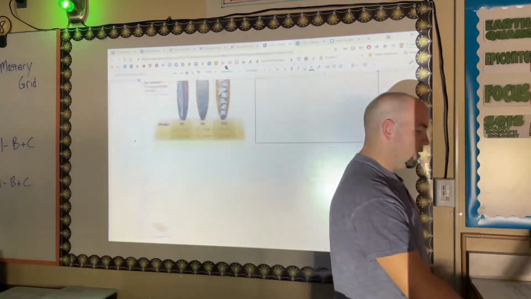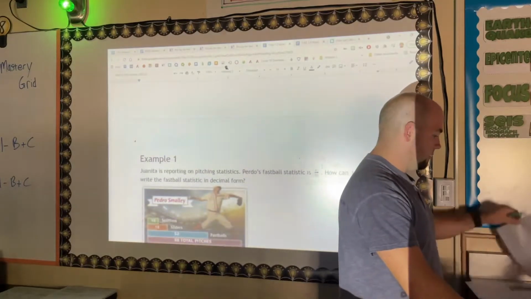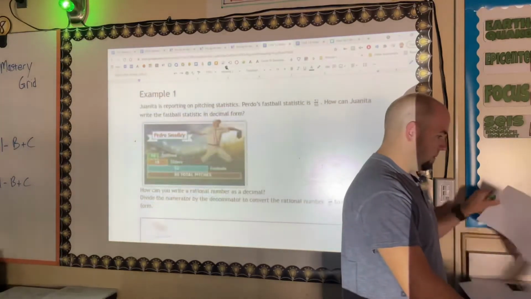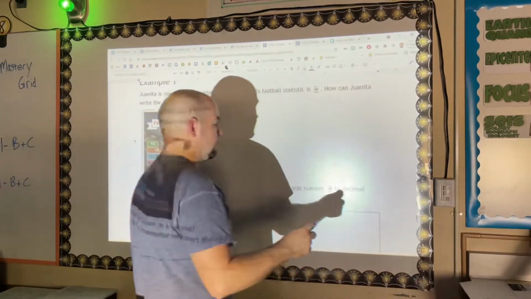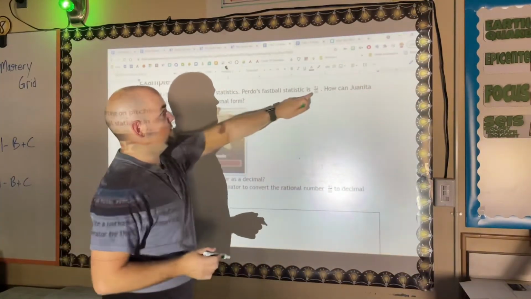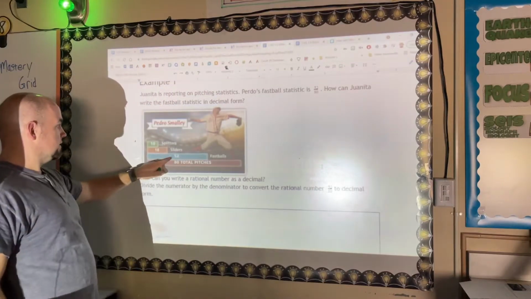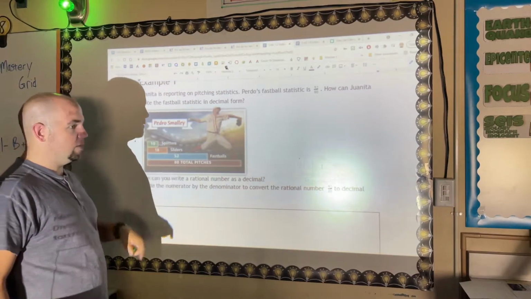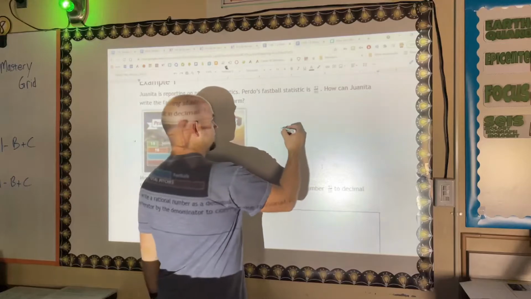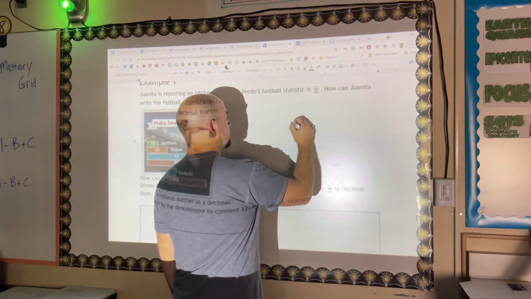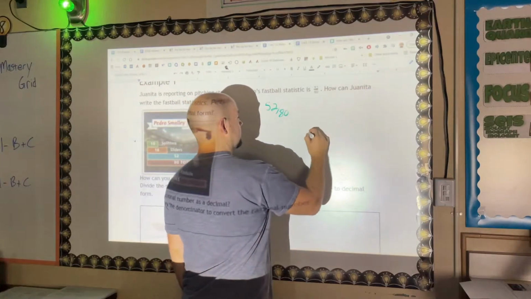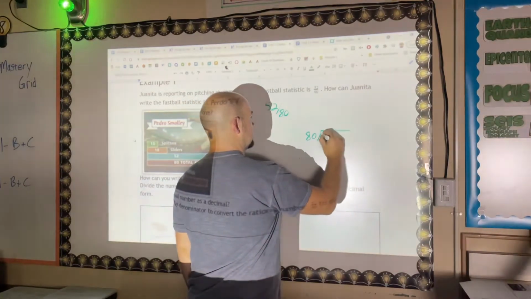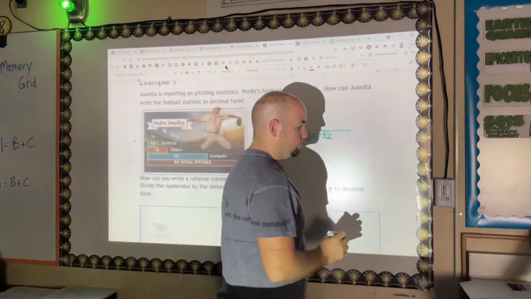Example 1, I'm going to go fast to try and beat the bell. So Juanito's doing some math to calculate his fastballs. He threw 52 out of 80 fastballs, a total of 80 pitches. So if you did 52 out of 80, our problem is going to look like this, 52 divided by 80.